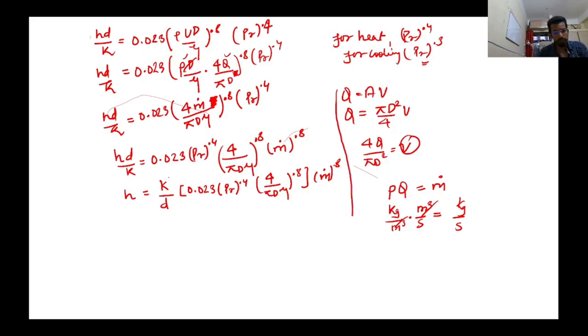So k is constant, d is constant, the pipe diameter; this d and this d both are the same. Prandtl number will remain the same. Pi is constant, d is the same, mu is the same. So I can write this whole term as a big constant into mass flow rate to the power 0.8.